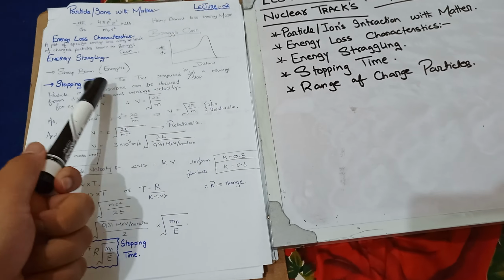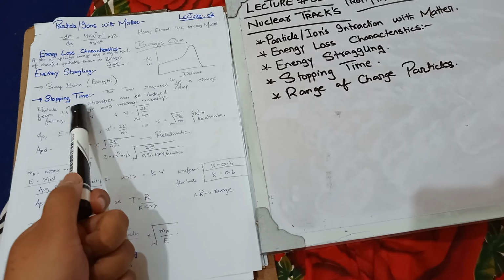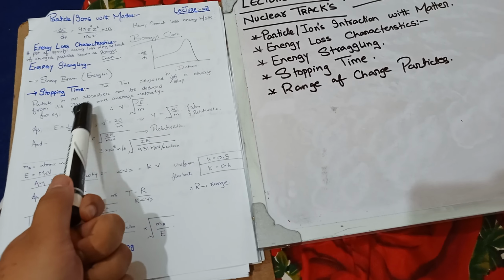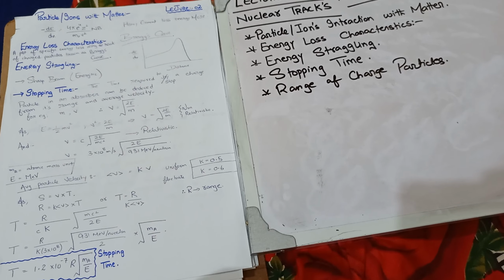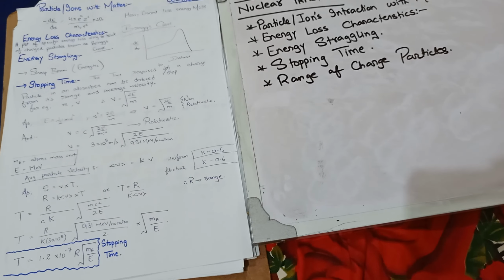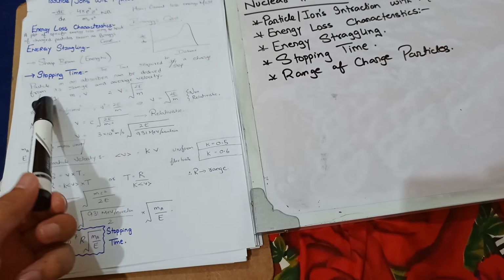The time required for a charged particle to stop in the absorber can be deduced from its range and average velocity. Once the particle penetrates the material, the time it takes to stop in the absorber medium is known as stopping time.